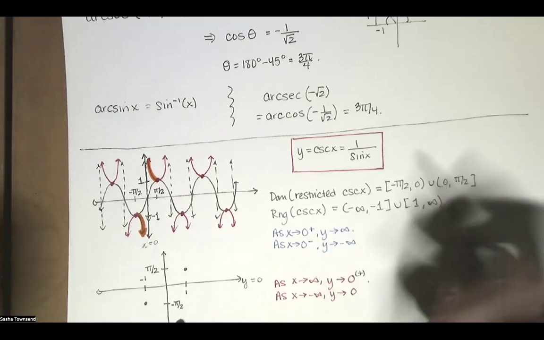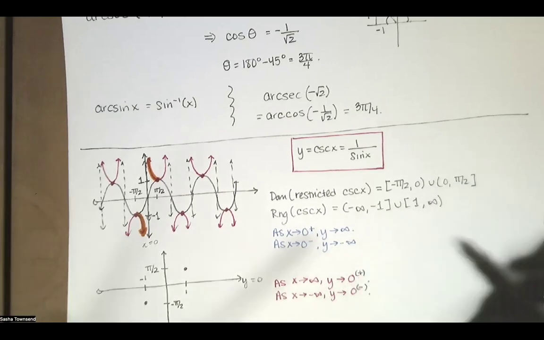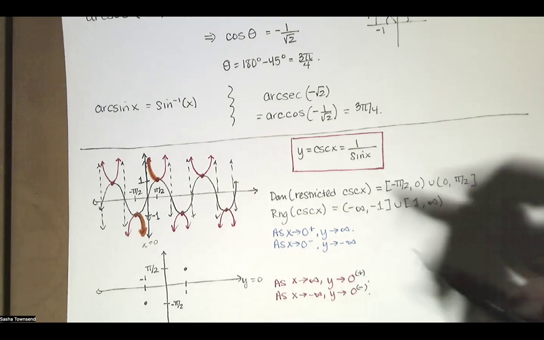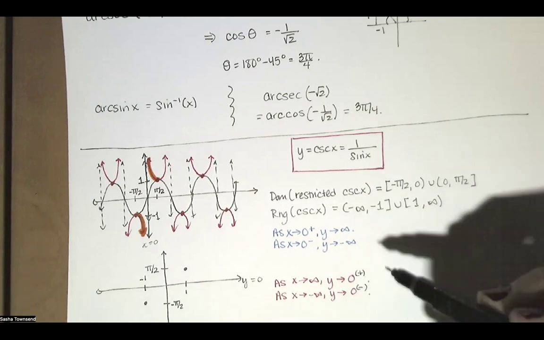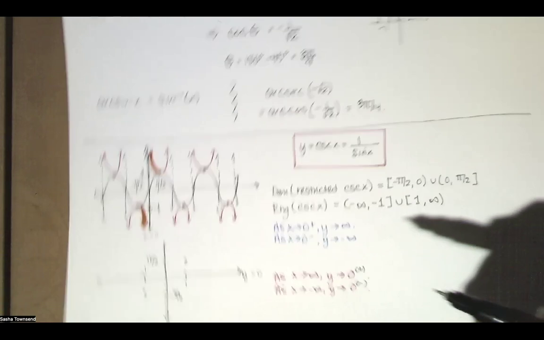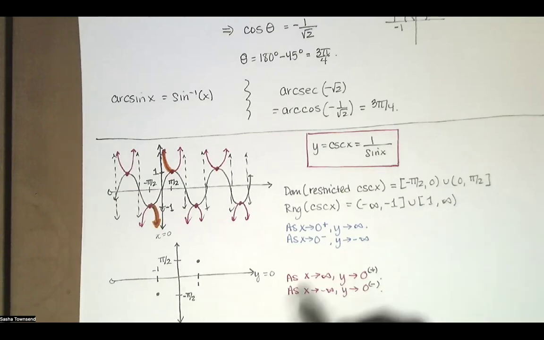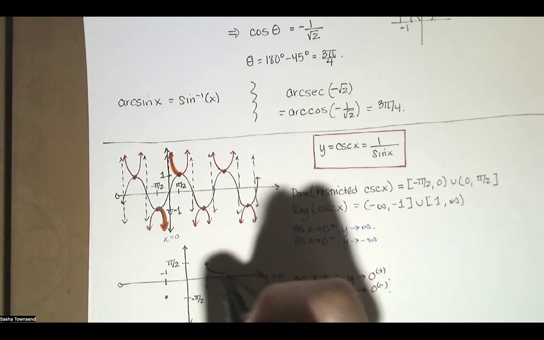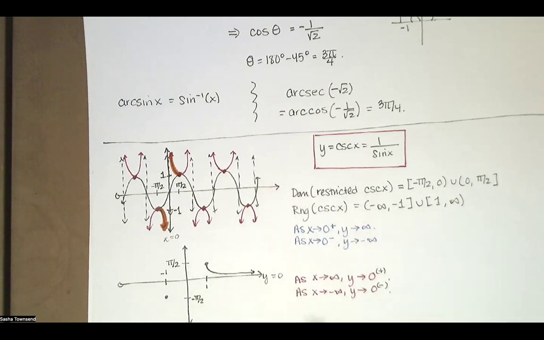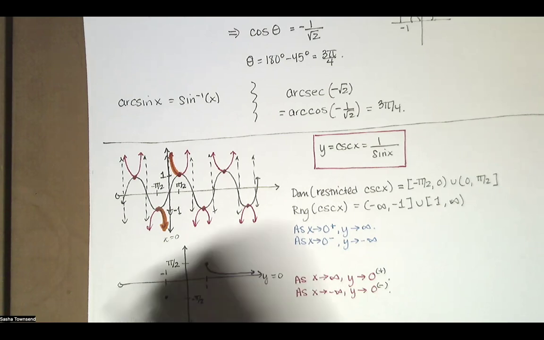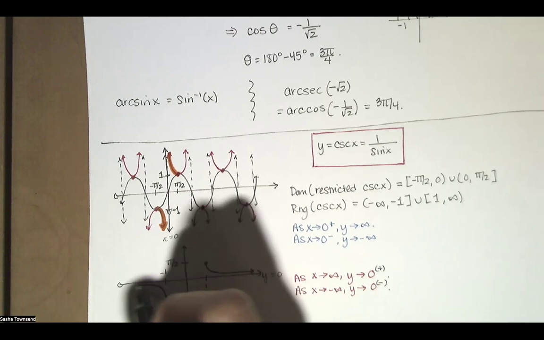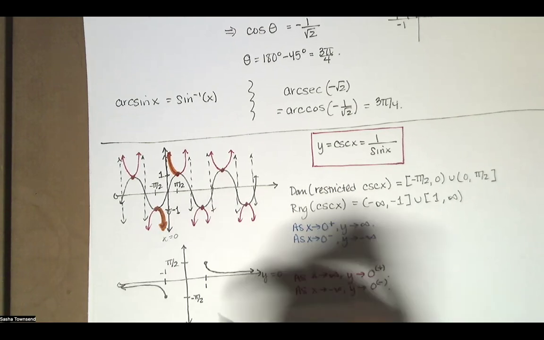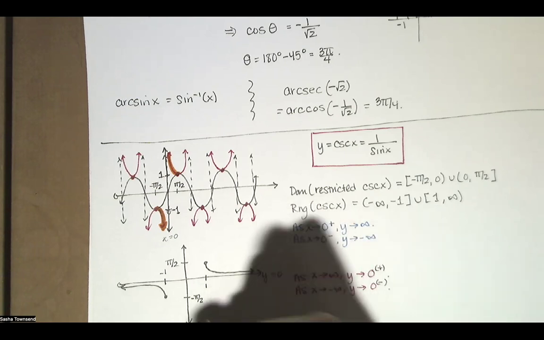But here we're approaching from below. And again, it's not convention to use this with our dependent variable, but we can still think of it that way. So as we go to positive infinity, we approach 0 from above. As x goes to negative infinity, we approach 0 from below. And that is the arc cosecant graph.